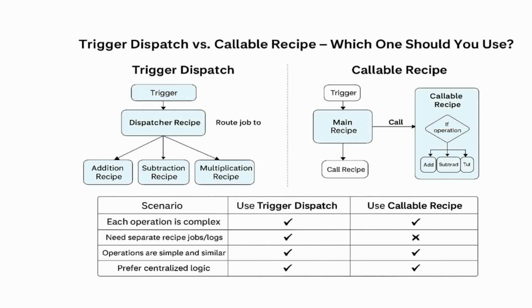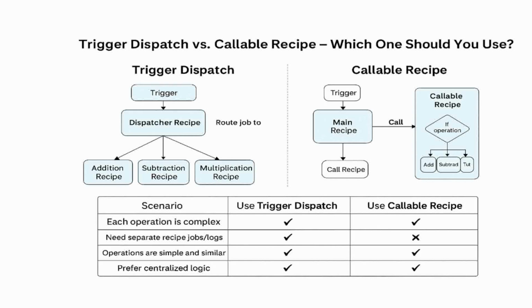In trigger dispatch, you call a separate recipe for each of the mathematical operations: an addition recipe, a subtraction recipe and a multiplication recipe. So you have a total of four recipes, and based on the requirements you call each recipe separately. Here the consumption of recipes is more, right?